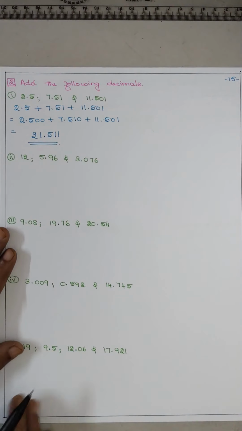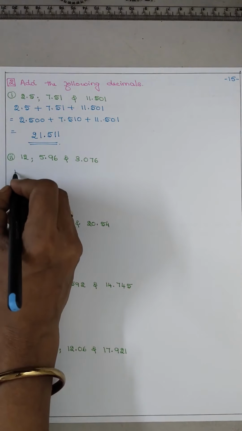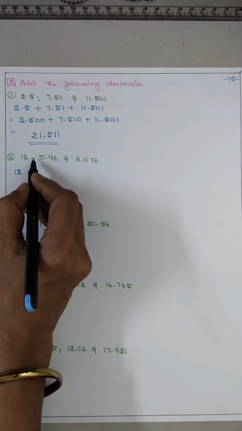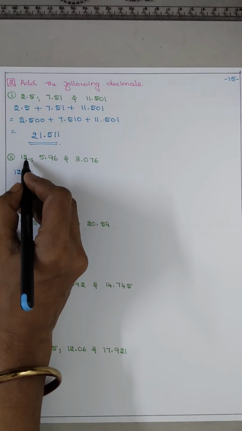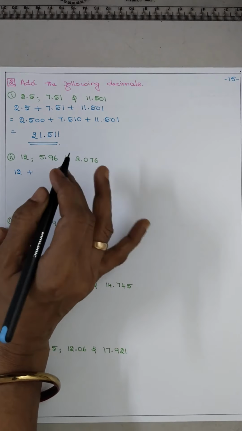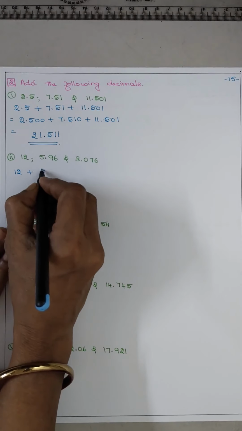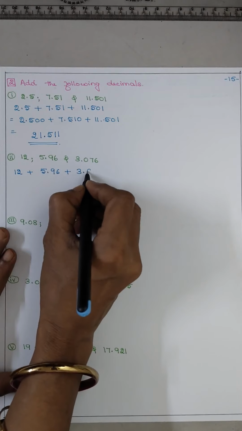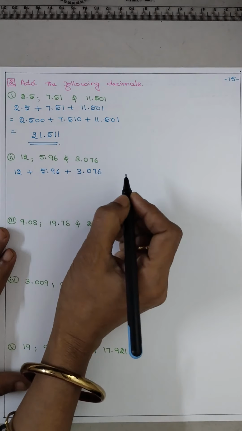Okay. Now the second sum, 12 plus. See, it is a semicolon, 12, it is not the decimal place, remember, see the question properly. 12 plus 5.96 plus 3.076.